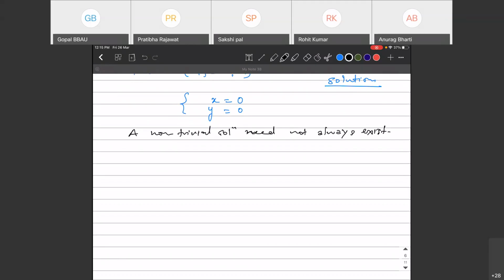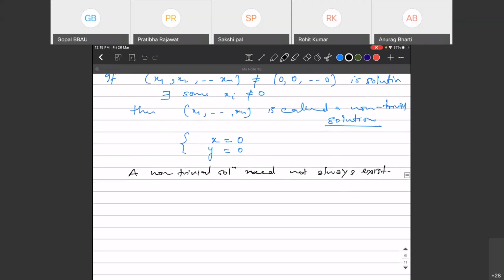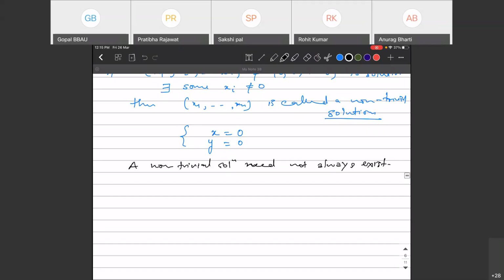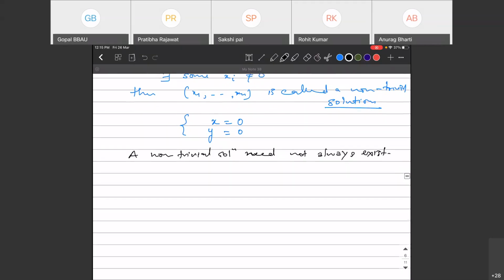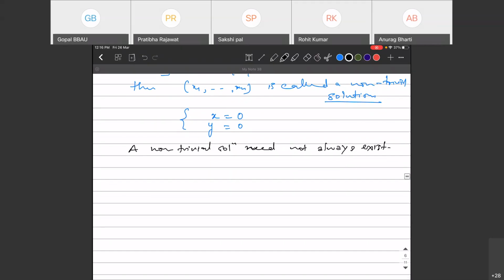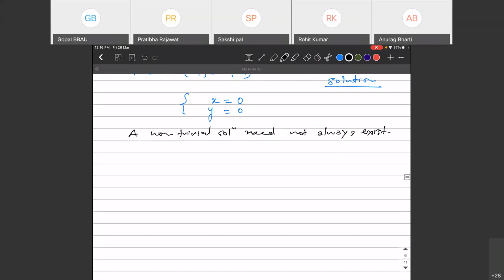Let's see the structure of solutions. So why are we interested in this solution set? First we consider a homogeneous system. Let's write it again: a11 x1 plus ... plus a1n xn equal to 0, ..., am1 x1 plus ... plus amn xn equal to 0.